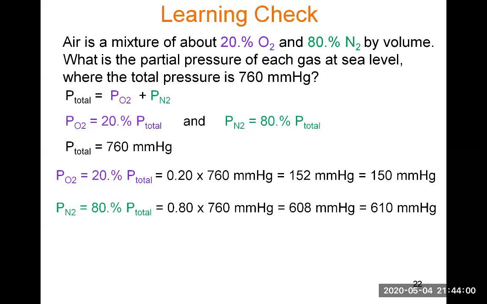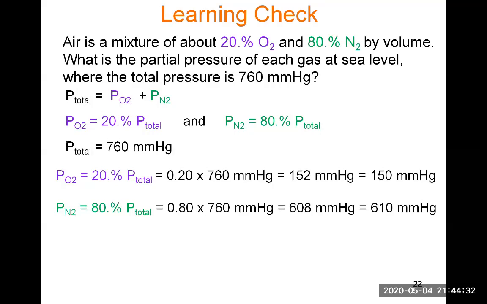When you do this, the calculator answer is 608 millimeters of mercury. So again, to take into account the number of sig figs, which is 2 in 80% and 760 millimeters of mercury, this 608 rounded to 2 sig figs will be 610 millimeters of mercury.